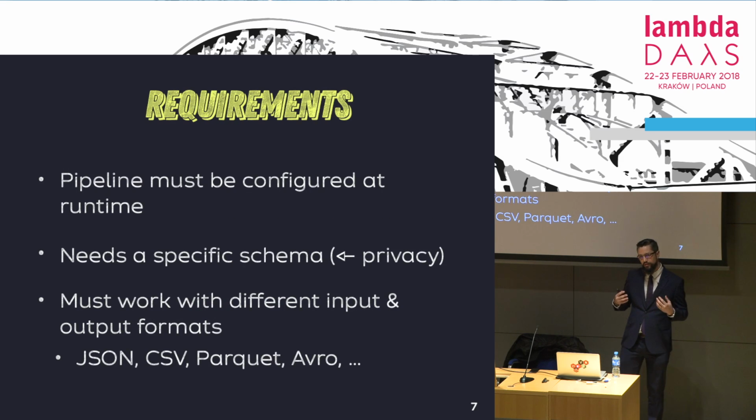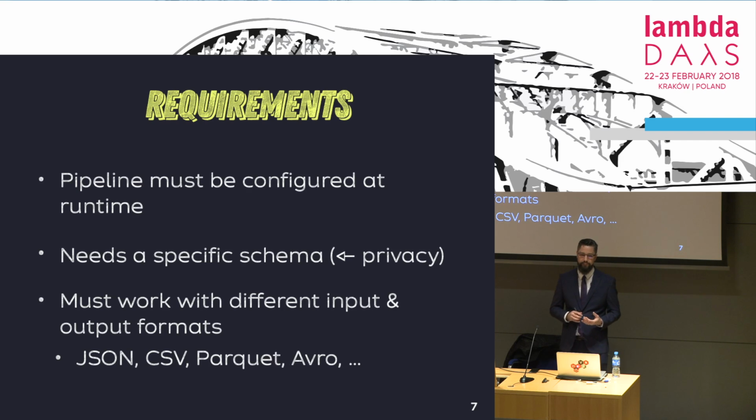So we understood that our pipeline would need to be configured at runtime. In other words, we wanted to have only a single artifact, a single piece of code, able to validate and transform all the data for all the sources.